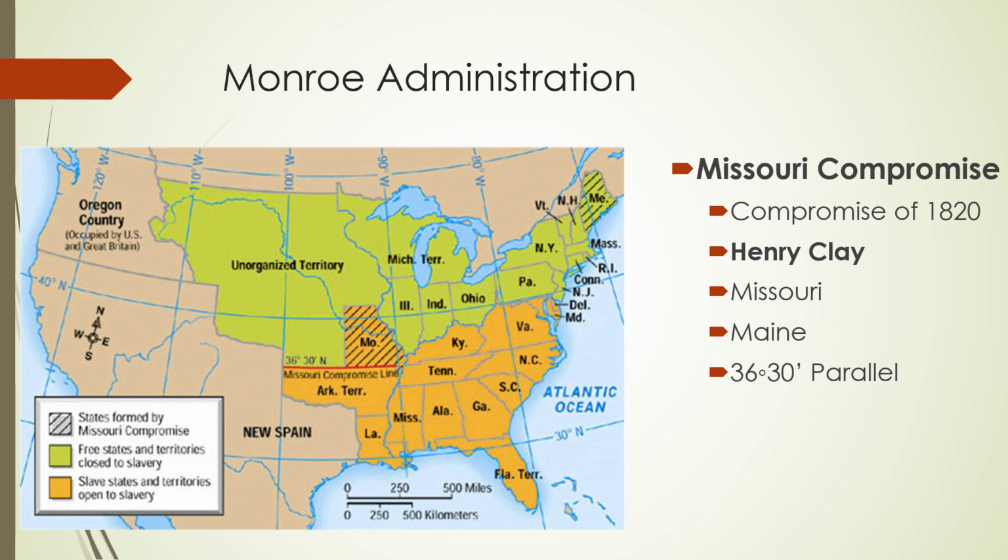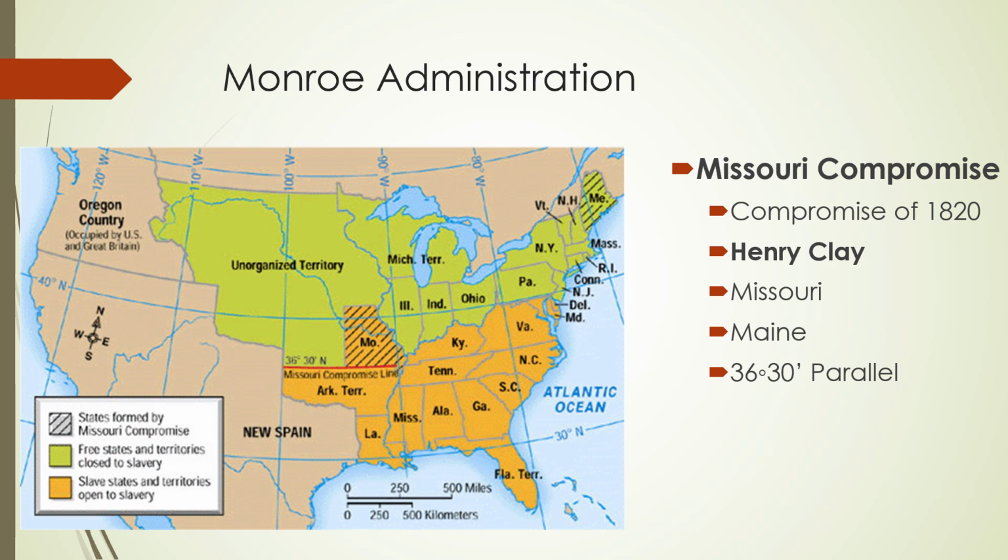All right. And so what Henry Clay suggests is that Missouri will be a slave state. That is why it is colored orange on this map, because it's going to be a slave state just like the other slave states. However, to maintain the balance, the North will also get another state, which is Maine. Now, Maine's way across the country in New England, right?